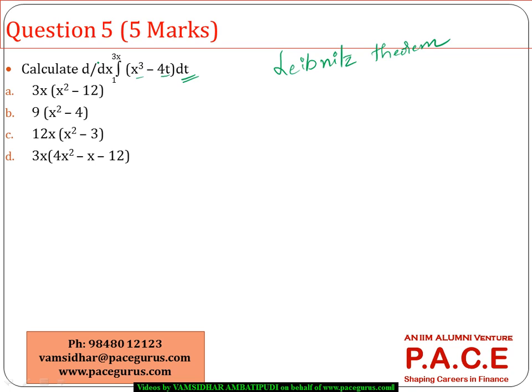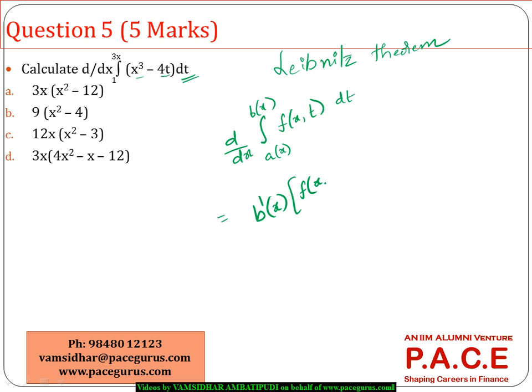The Leibniz theorem: if we have any question of this form, where you are doing d by dx of an integral, with a of x to b of x as your limits, and your function has two variables, x comma t, where the integration is with respect to t, then the Leibniz theorem says, start off with this. Take the derivative of b of x and multiply it with the function f of x comma b of x.